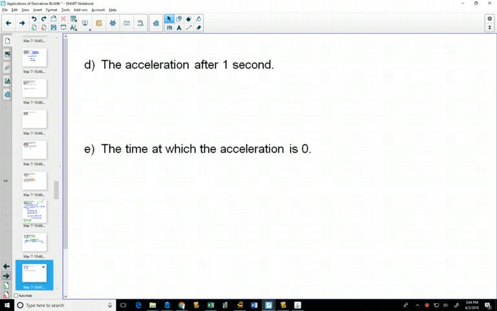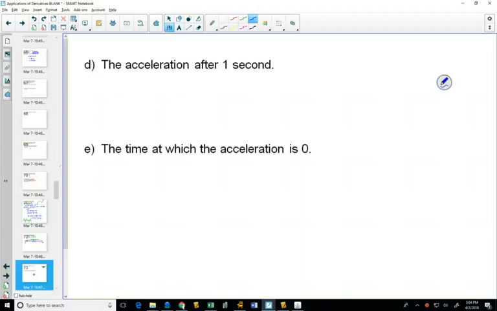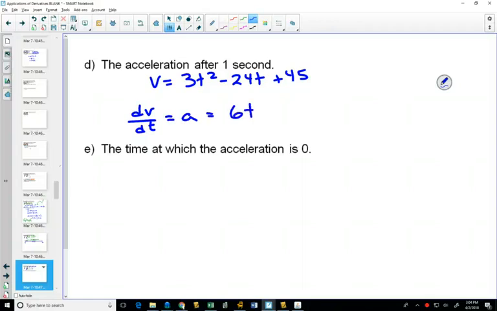So, part D, what is the acceleration after 1 second? Well, we figured out our velocity equation first, 3t squared minus 24t plus 45. So remember that if we have our velocity equation, we can now take the derivative of that. dv/dt is going to equal our acceleration, which is going to be 6t minus 24.